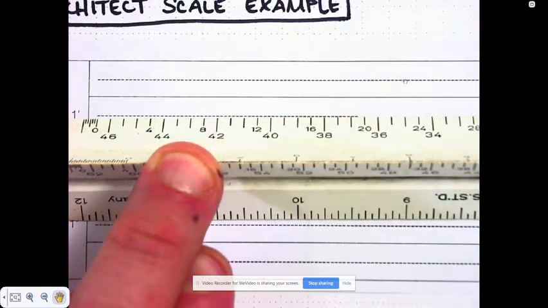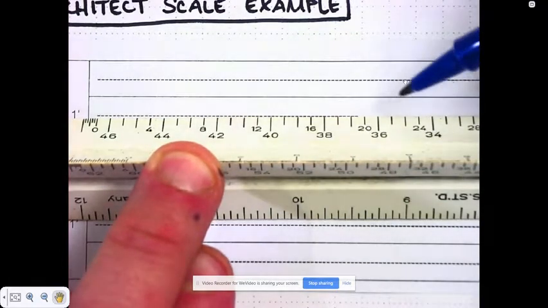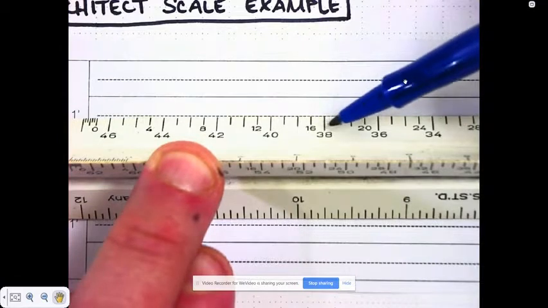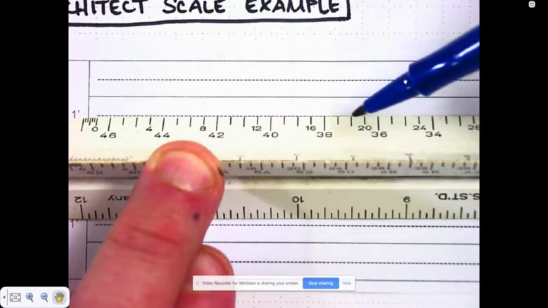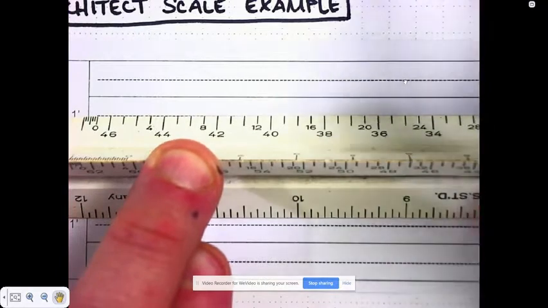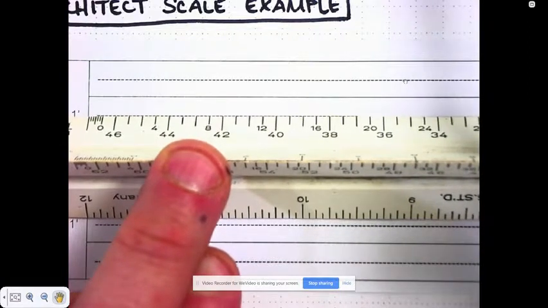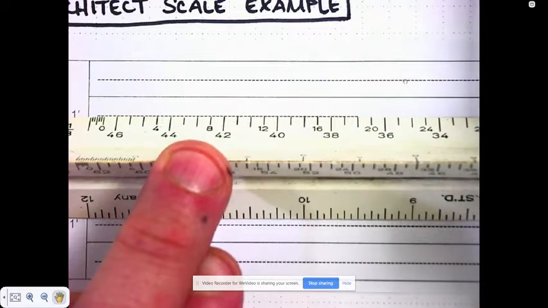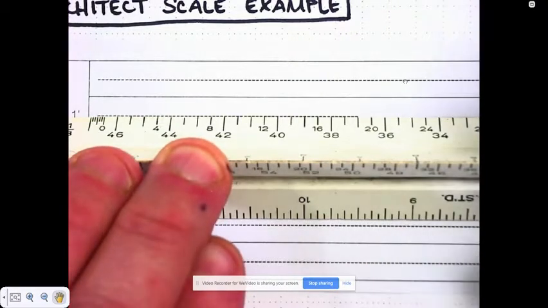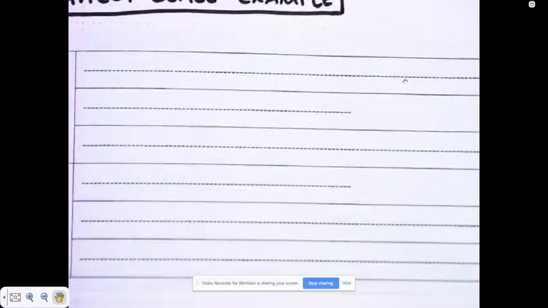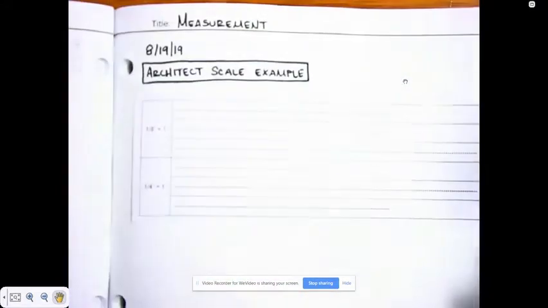Okay, and so I'm at 16, 17, 18, 19 feet. It's not quite to 20. So it's 19 feet. If I move to the end of the 19 on the end of that line, then I count the number of inches. It looks like it is about 19 feet, 7 inches. I'll go ahead and write that in the blank.